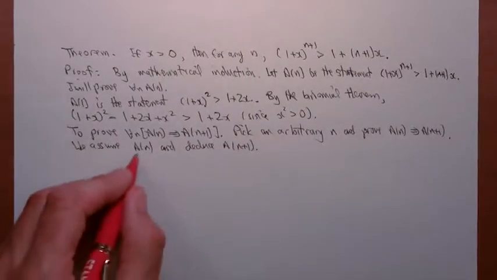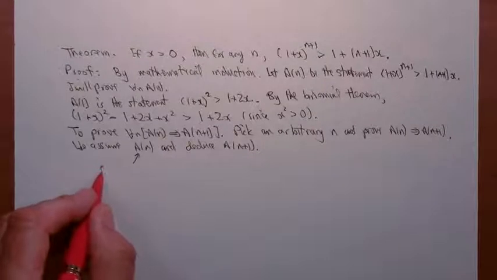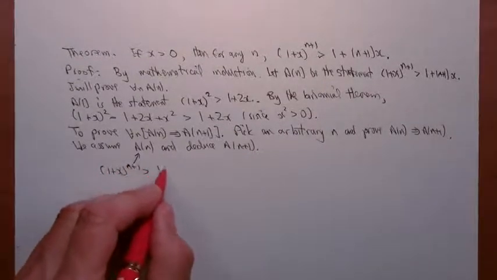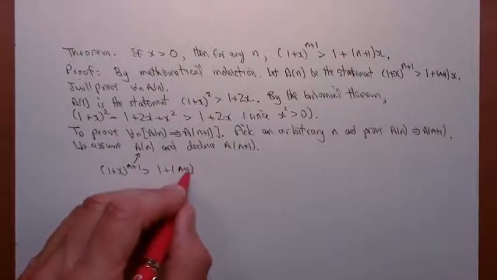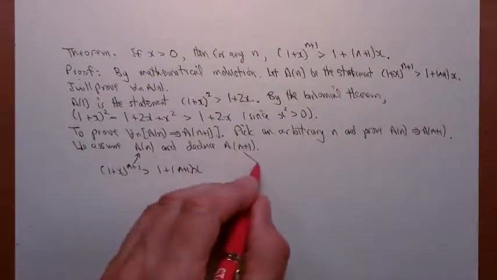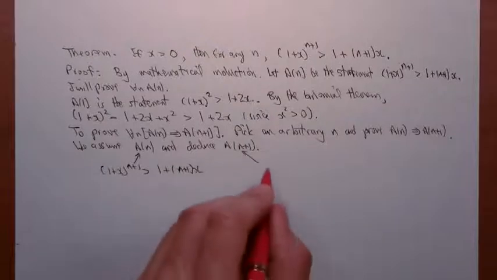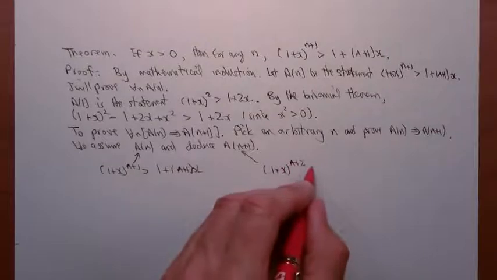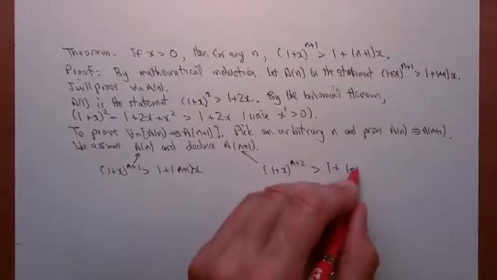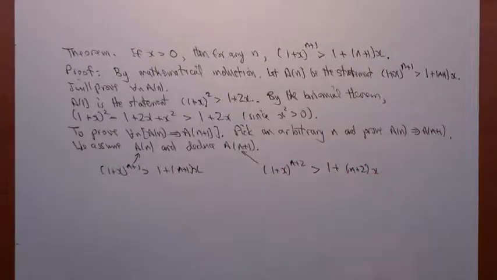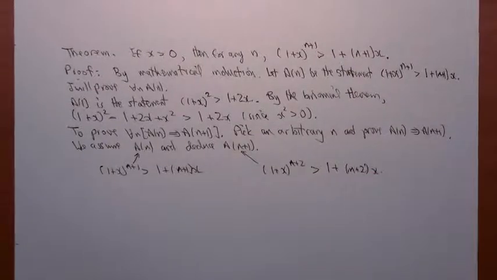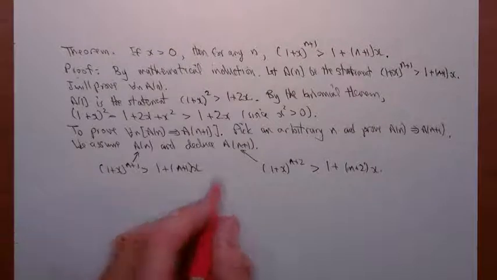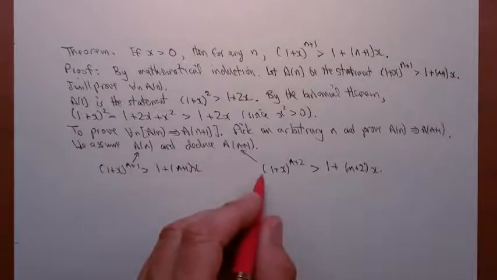Well, A(n) is the statement (1 plus x) to the n plus 1 greater than 1 plus (n plus 1)x. And A(n plus 1) is the statement (1 plus x) to the n plus 2 is greater than 1 plus (n plus 2)x. So the induction step boils down to assuming this and deducing that from it.